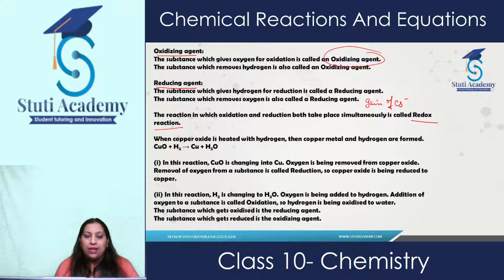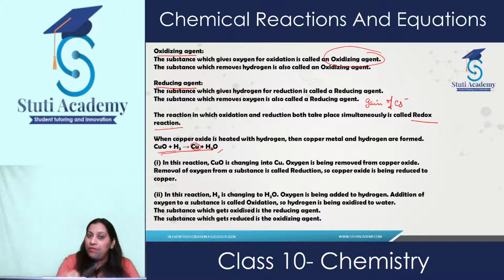And here you can see there is one reaction in front of you, copper oxide. When it reacts with hydrogen, it results in the formation of copper and water. As you can see here, copper oxide changes into copper. It means here we are removing oxygen from copper.